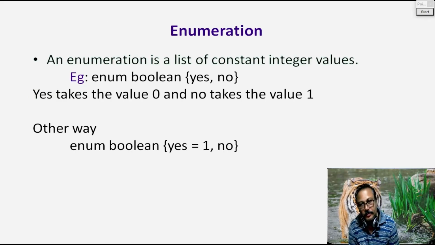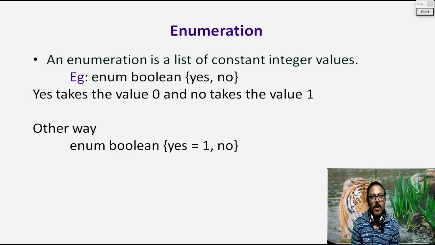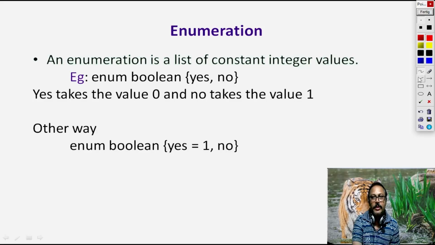Enumeration. Enumeration is a list of constant integer values. You have to create it using enum. This is the reserved word; we have to use it as it is, enum, followed by the name.